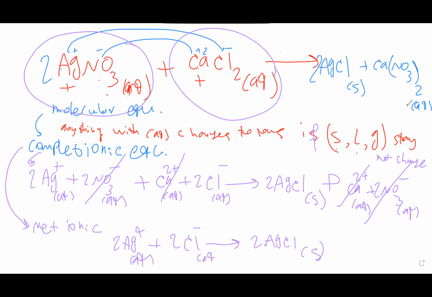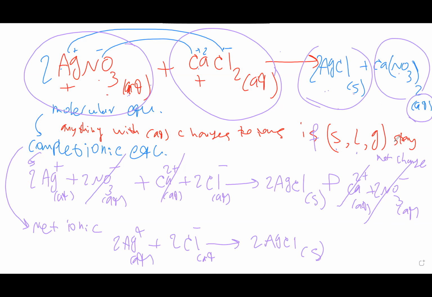And then you write the formula, you check the table for solubility, and from that table, you have to say, is this soluble or not? If the table says insoluble, you put the S designation. For calcium nitrate, it's soluble because anything that has nitrate is soluble, and that's why we put the AQ designation here.